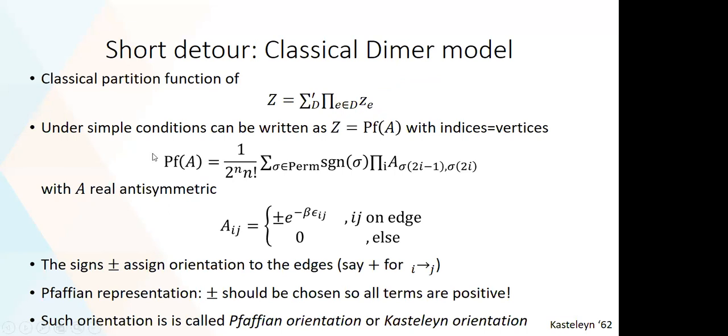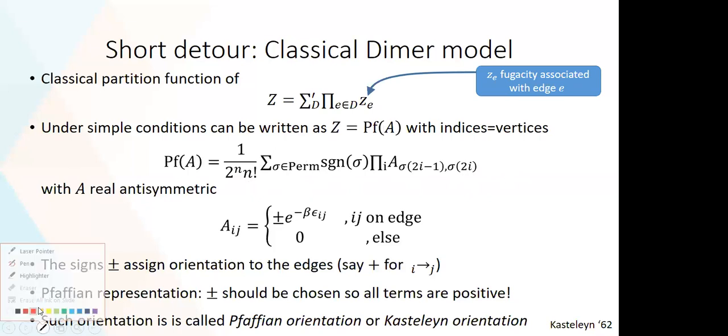Actually, it's a pretty old result that this sum can be written down as a Pfaffian of some matrix. Just a reminder for people who don't know or remember, the Pfaffian is given by this formula. It looks very similar to the determinant. It's actually the square root of the determinant of A. Here I have a slight mistake. This should be Z_E, let's say IJ.